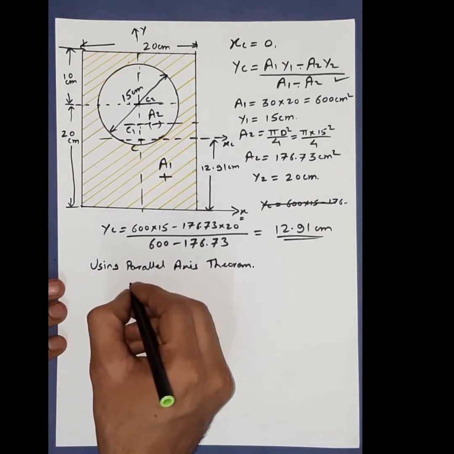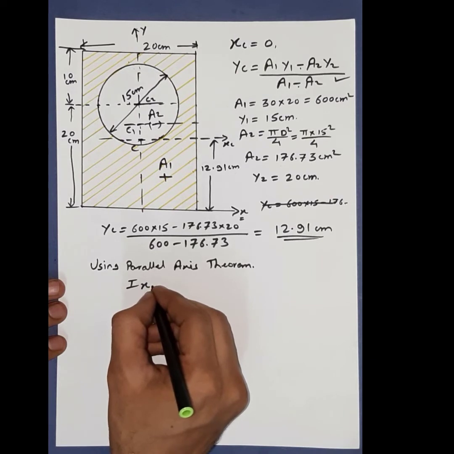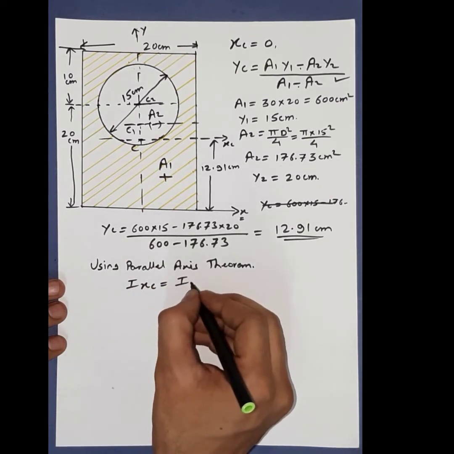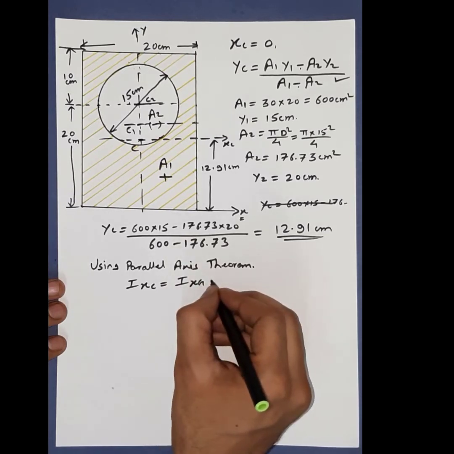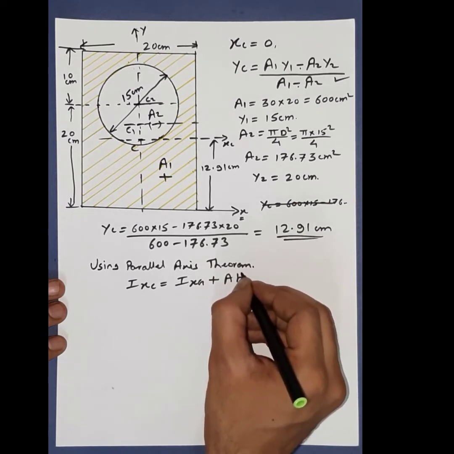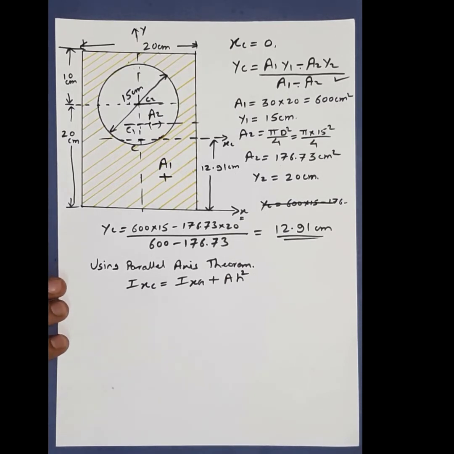The moment of inertia about an axis is equal to the moment of inertia about the centroidal axis, Ixg or Igx, plus the area into the distance between the two parallel axes squared. So Ixc is equal to Ixg plus A into h square.